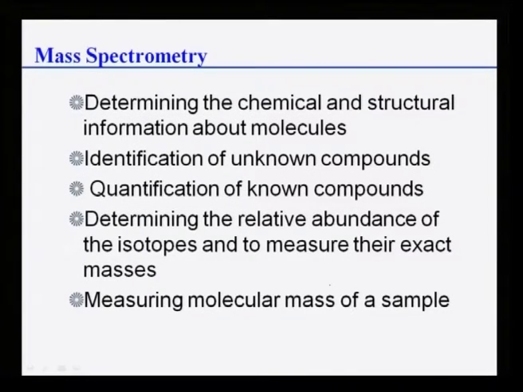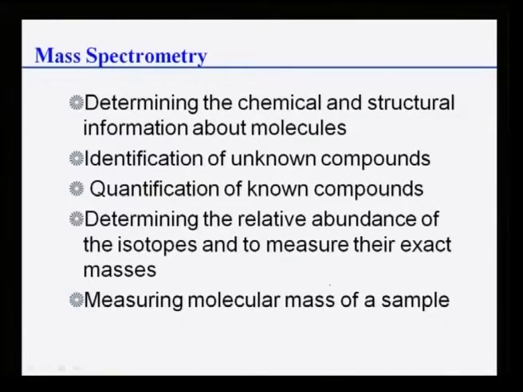First and foremost, it allows us to determine the chemical and structural information of any molecule. Any molecule or any ionic species you see, it gives us an understanding of the chemical and structural nature of that molecule. Then it allows us to identify the unknown compounds to start with. It also allows us to quantify the known compounds.